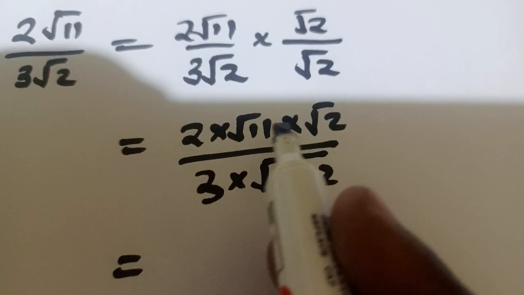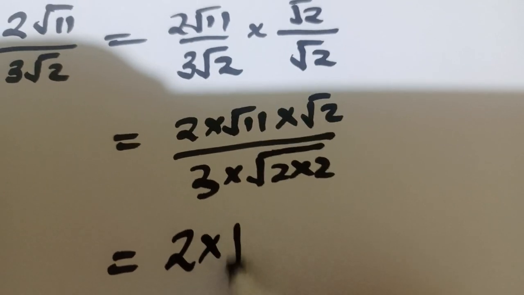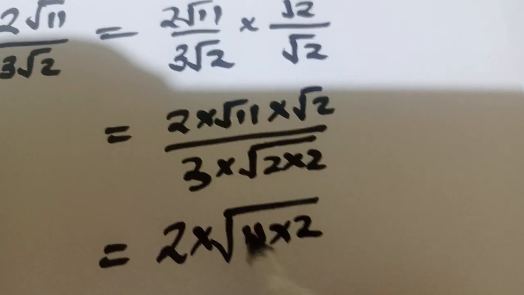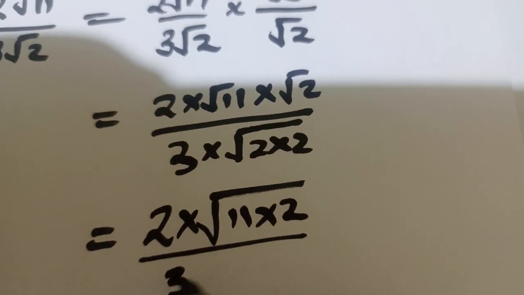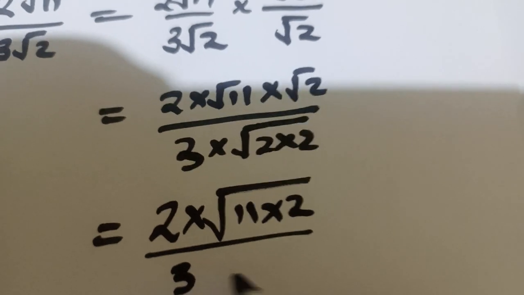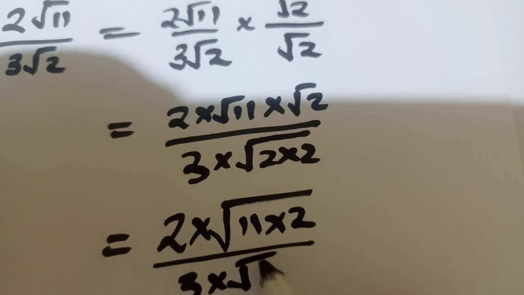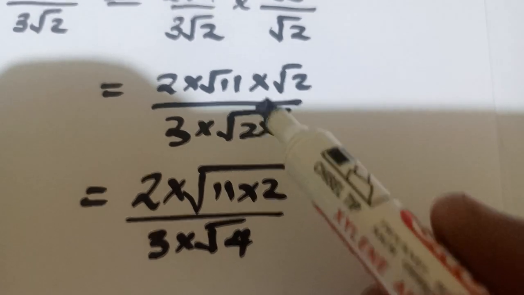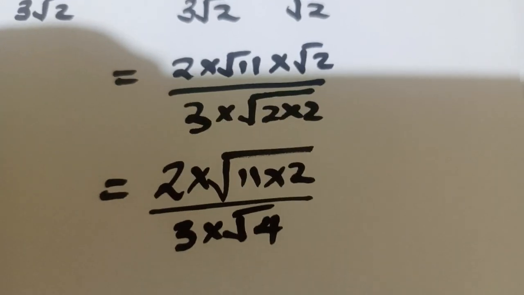So like in the above case, this is the same as 2 times root of 11 by 2 over, now in the denominator here, 3 multiplied by root 4. Now with the practice, you'll realize you'll avoid most of these steps. I'm only taking longer to reach the answer because I'm explaining to you, but with the practice, you'll avoid most of these steps that we are showing here.